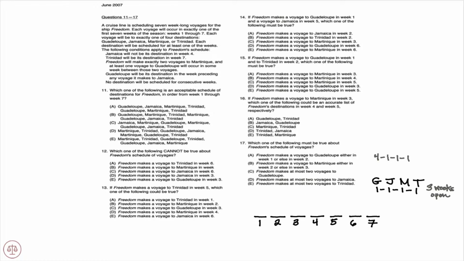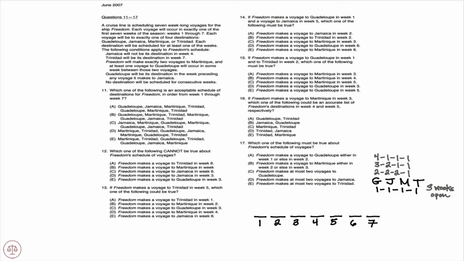We could also have one destination appear 3 times, another twice, and the other 2 once. And lastly, we can have 3 destinations appear twice and 1 destination appear 1 time. And again, that's coming directly from the rule. Each destination will be scheduled for at least one of the weeks, and the fact that we have weeks 1 through 7.